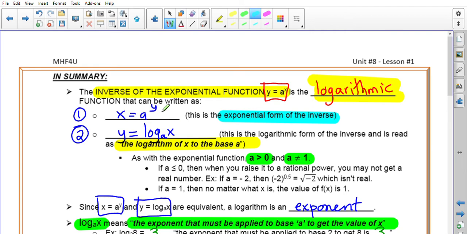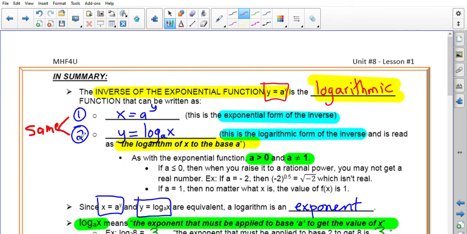So this is the same thing as this, and it says y equals log, and now that little a there is the subscript. So the base here becomes the base of the log, and then x up top. So this is the log form of the inverse. Okay, so these two things mean the exact same thing. They're just in different forms.